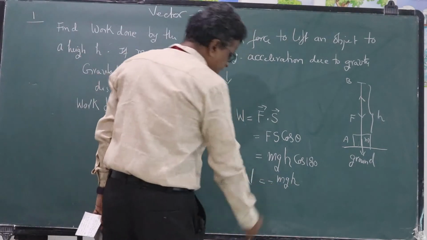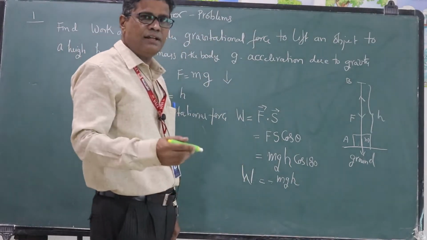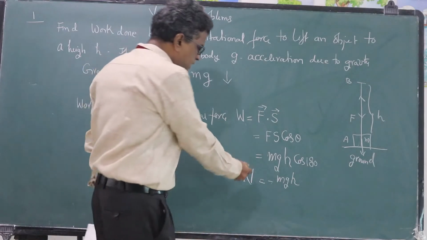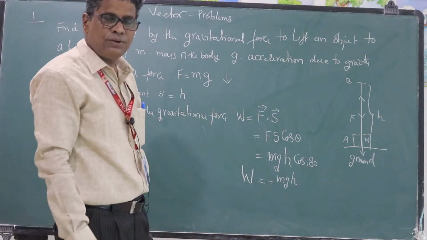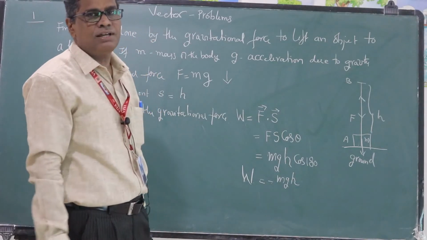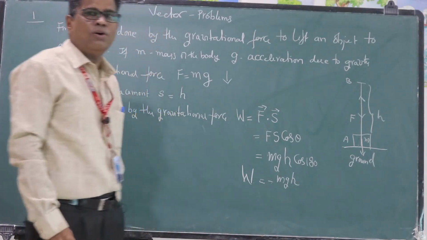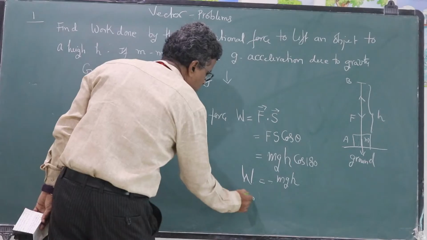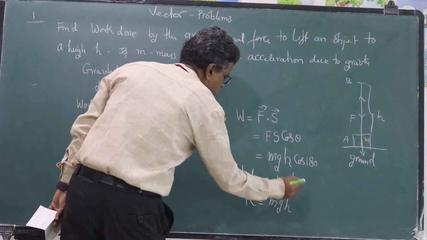Here minus means this work is done by the external force against the gravitational force. Negative work done by the gravitational force is stored in the object in the form of potential energy. So we can also write that the potential energy of the object is mgh.